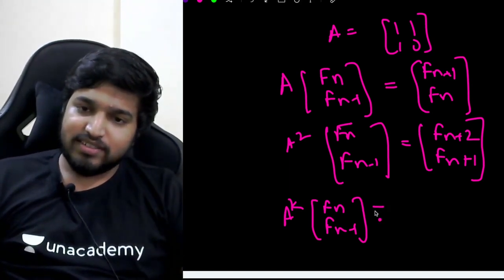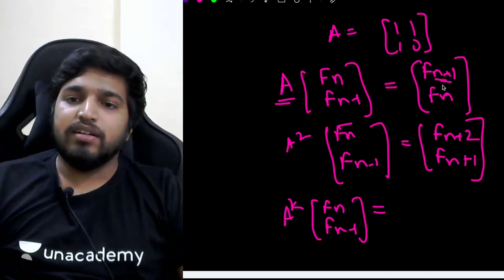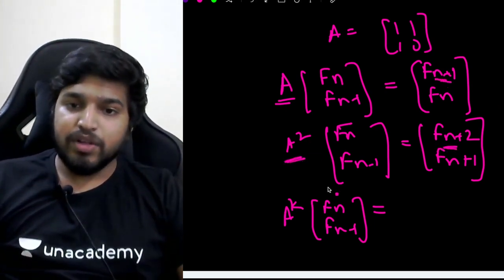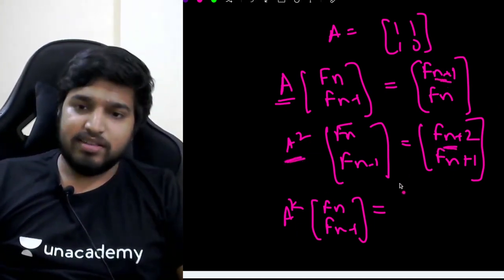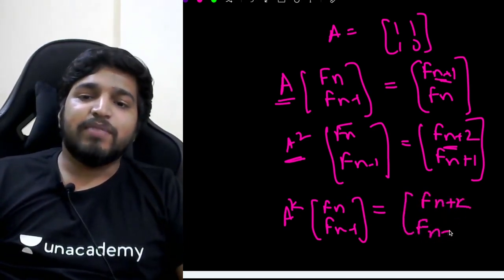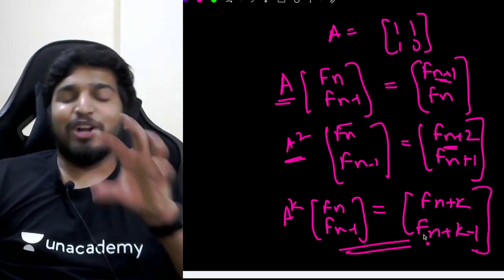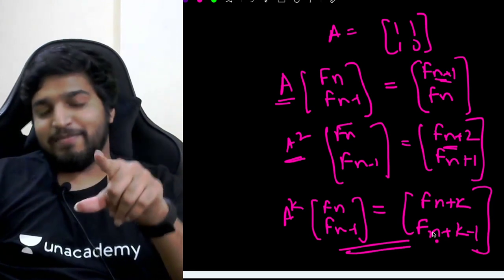We saw how that came. If you just applied A, it increased by 1. If you applied A square, it increased by 2. If you apply A power k, it increased by k. It's as good as that. It might seem a lot of variables here, but just look at it once.